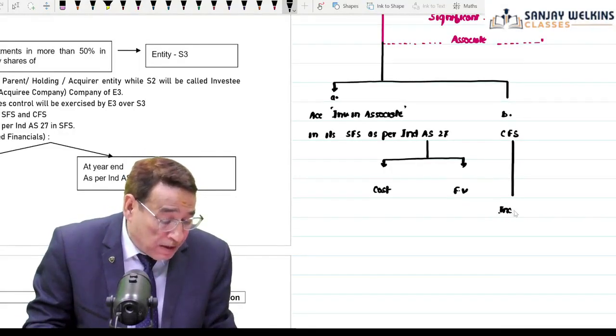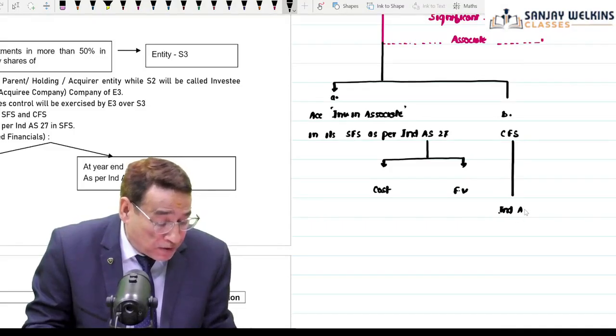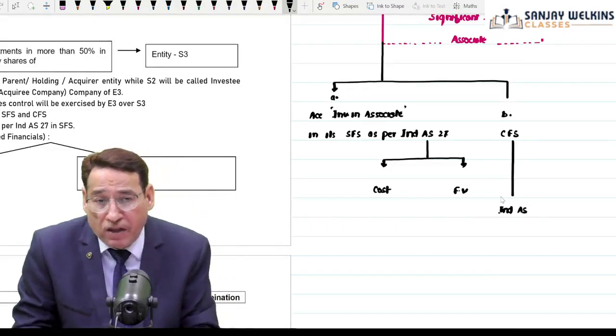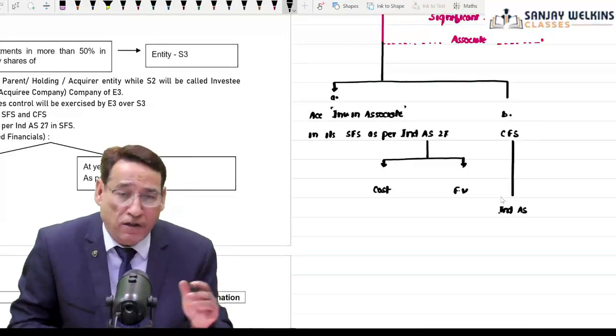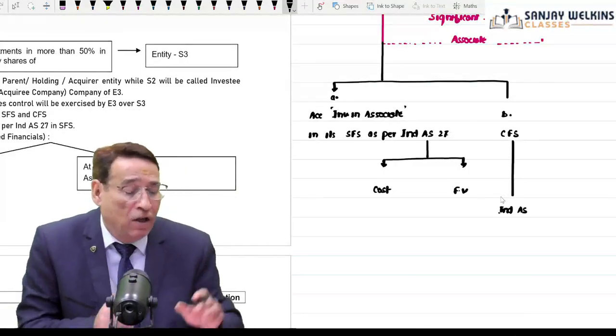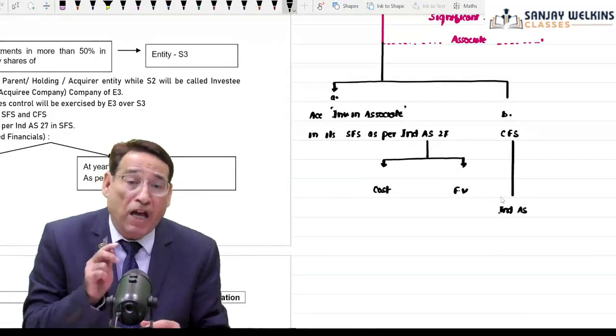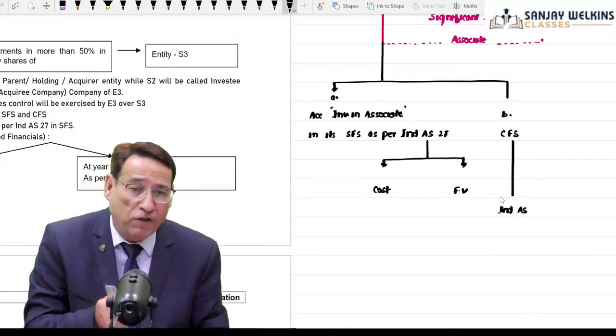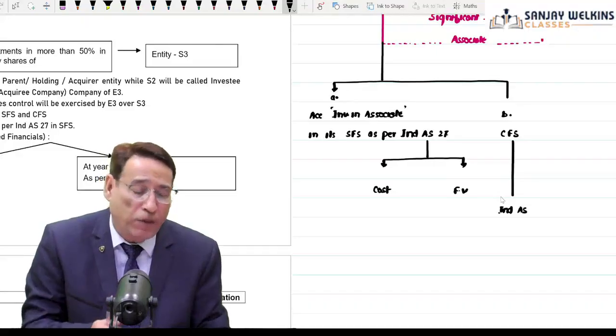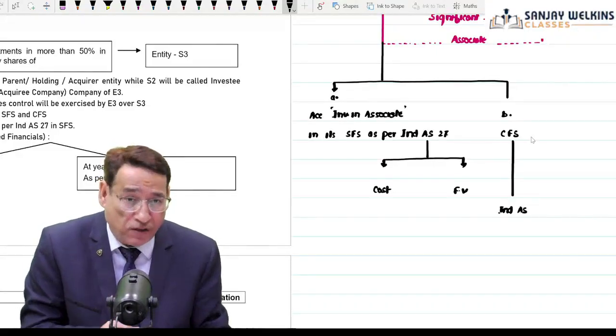As you must have noticed, because you are exercising significant influence over the other entity, and the other entity is your associate entity, the investor entity will have to prepare two sorts of financial statements: one separate financial statement, and besides that, a consolidated financial statement.